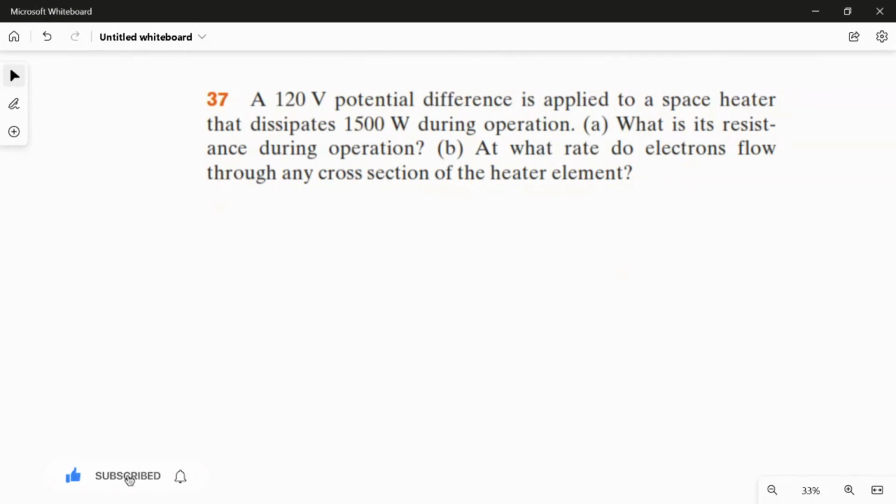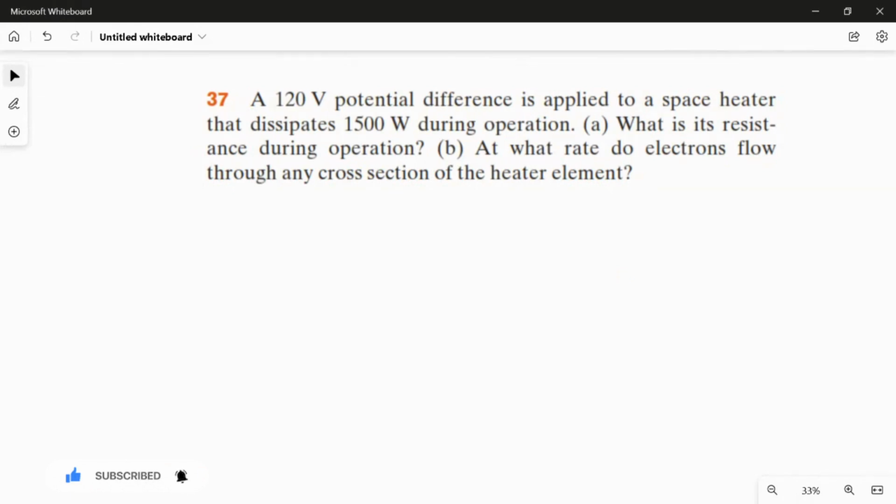So in this question, the potential difference value is given as 120 volt, and the power of the space heater element is given as 1500 watt. By using this potential difference as well as the watt, we are going to find the value of the resistance.